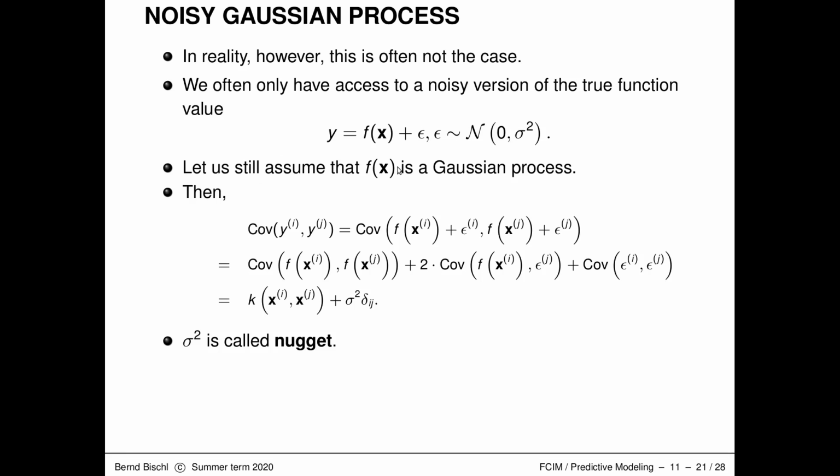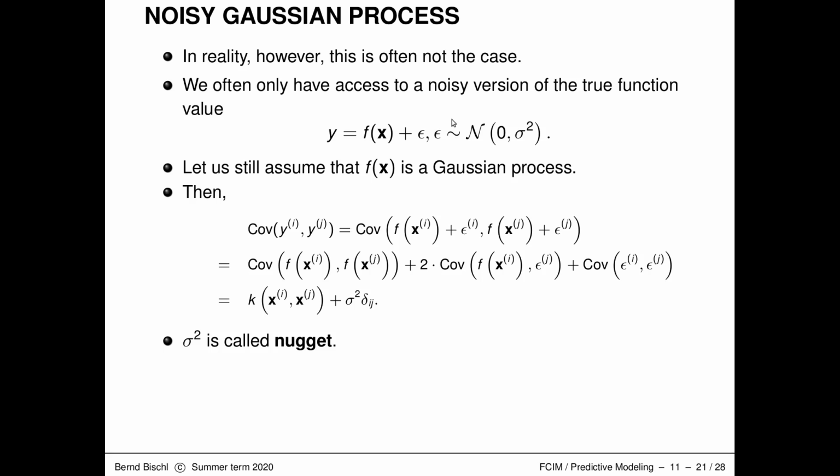What we can now do is compute the covariance between the observed noisy values y i and y j, and write this down as the covariance of f of x i plus epsilon i in relation to the outcome value at location x j plus epsilon j, by just plugging in this definition.